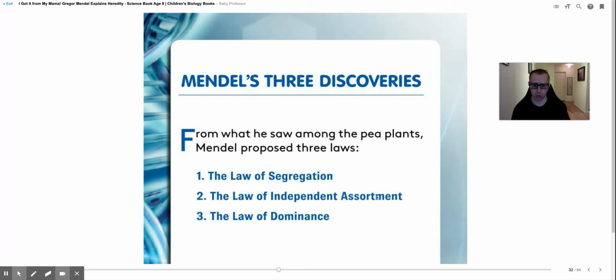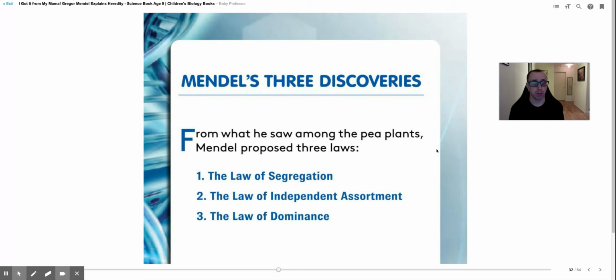So I'll just go through some of this vocabulary here. We know what dominance means. That means that some traits are more dominant than others. Remember that the stronger traits are dominant and the weaker traits are recessive. The word segregation here means pretty much like the word separation, that different traits are independent of each other.